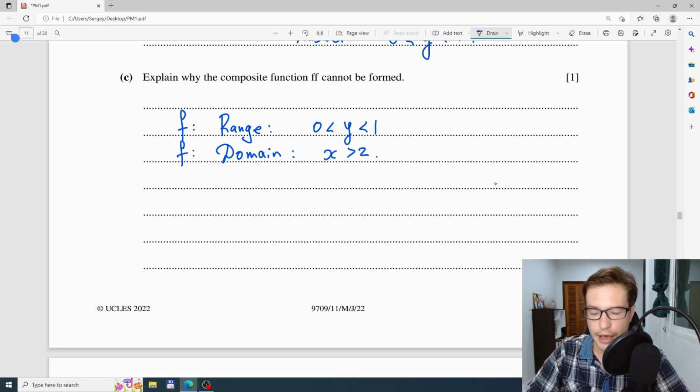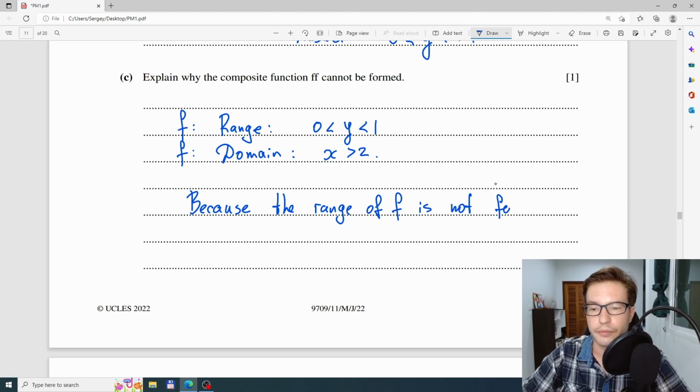And we can say that the range of f is actually not within the domain of f. And I'll write it down as my explanation, because the range of f is not, you can say, fully within the domain.